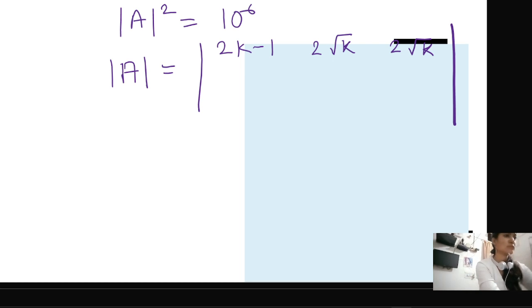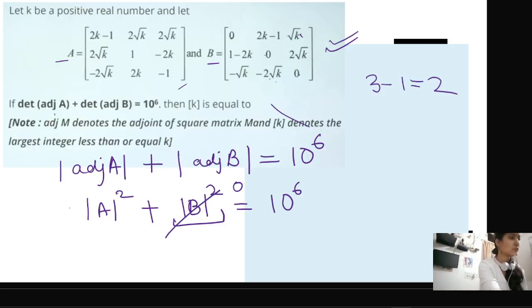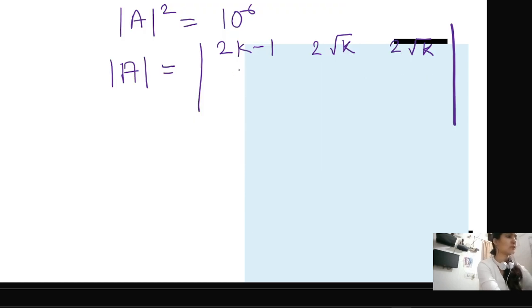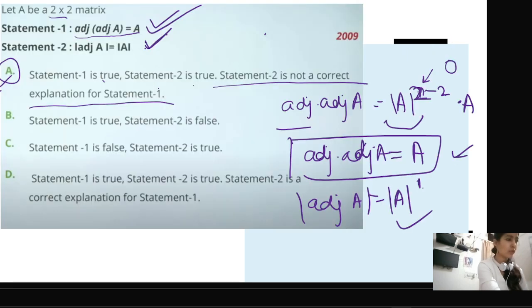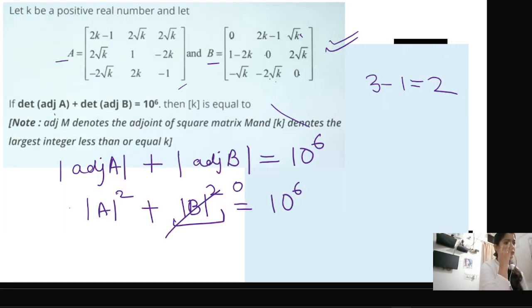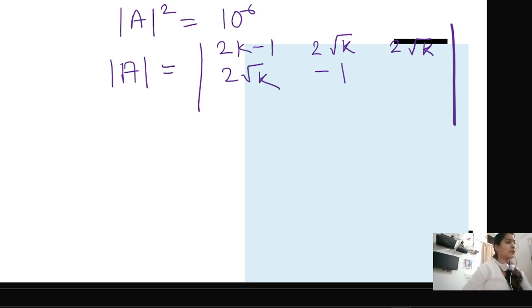And here next row is 2 root k, 1 minus 2k, root k, 2 root k, minus 1, k, okay, 2 root k, 2 root k plus 1 minus 2k.